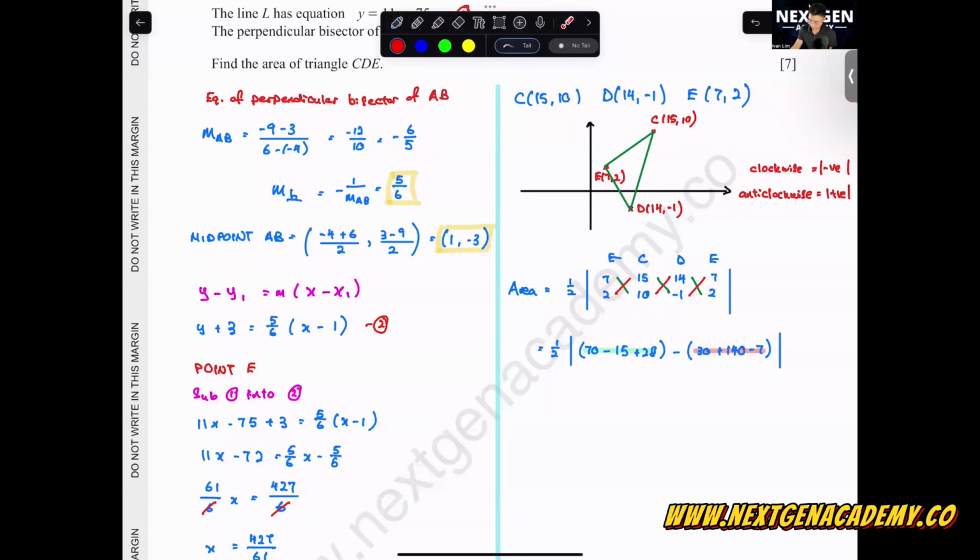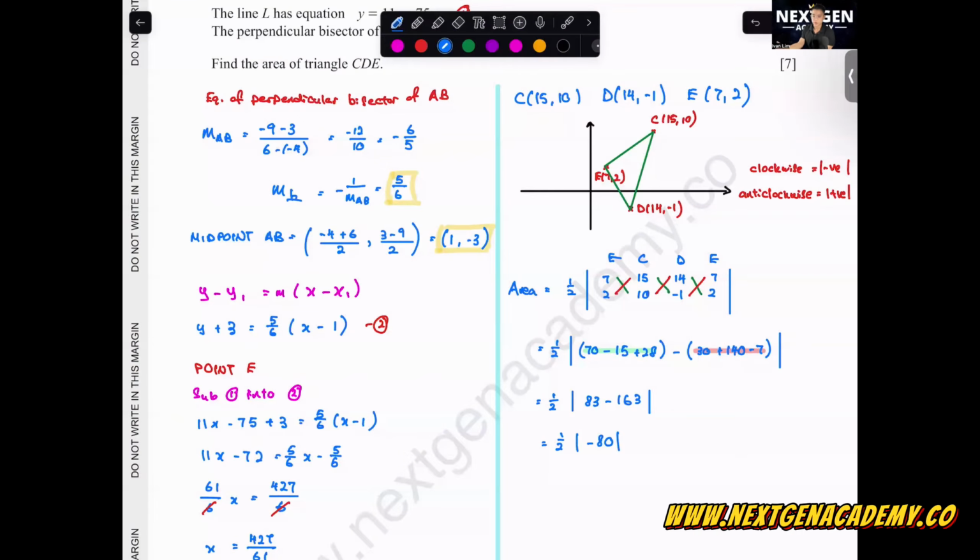Since I am going in the clockwise direction, how do I double check if my value is correct? I should get a negative value. So type in the calculator. This will be 83 minus 163, and we see here this is minus 80. Can you see? It's a negative value. This is one of the small checks whether the value itself is correct.